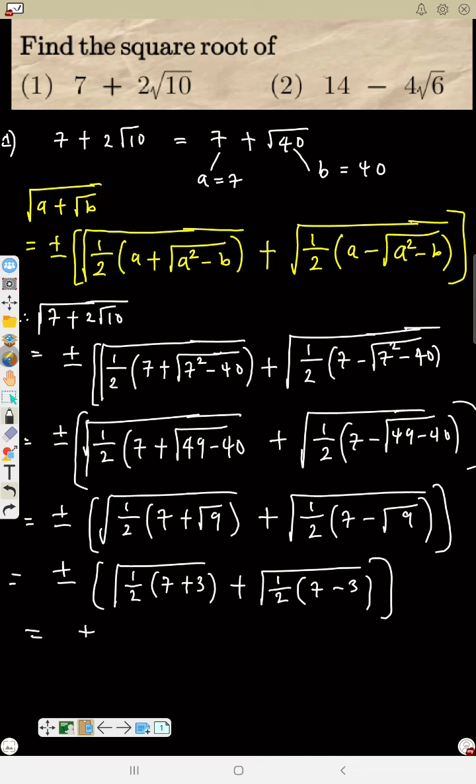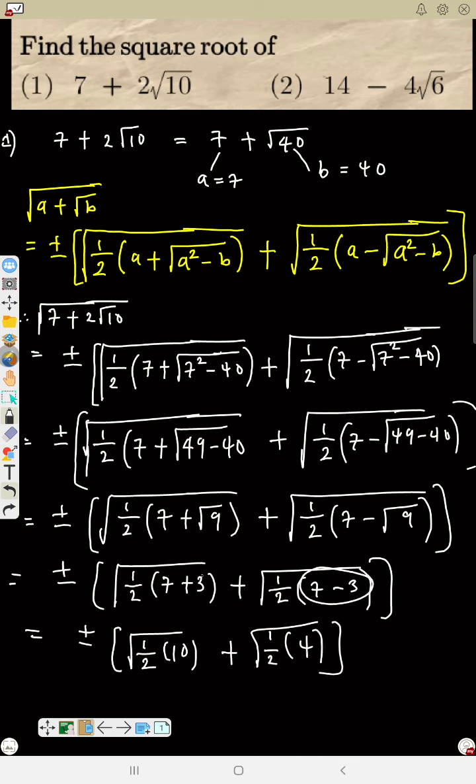So this is plus or minus square root of half bracket 10 plus square root of half bracket 4, as in 7 plus 3, 7 minus 3.